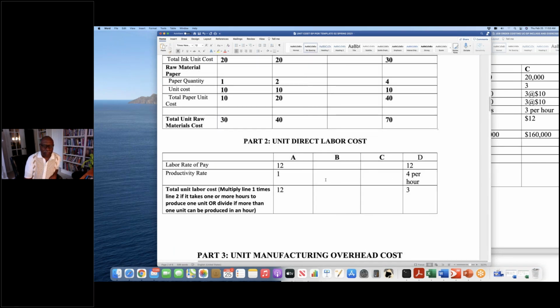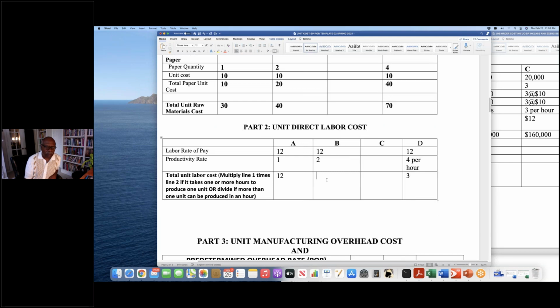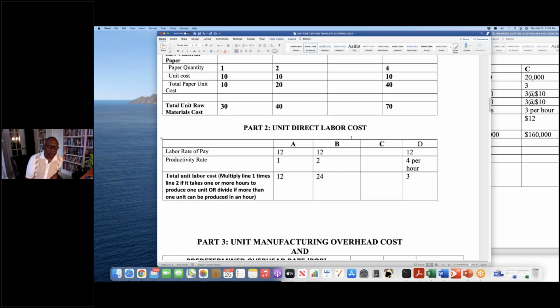Let's go to the labor. What's our rate of pay for labor? $12. And what's our productivity? 2. So what's our labor cost going to be for the product? 24. What are we going to do with 24? It goes in our chart.